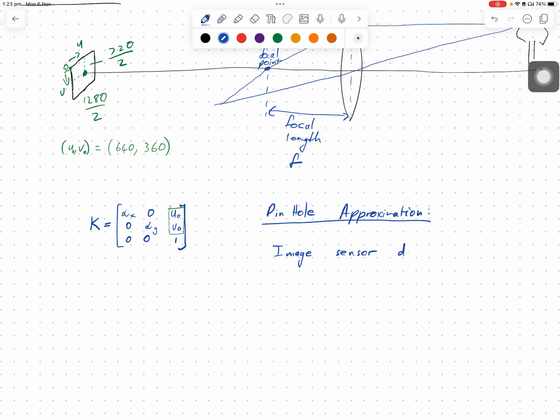So image sensor distance to lens is approximately equal to the focal length. Again, I don't have time here to justify why this is the case. This is something you can find by looking at pinhole approximation videos or whatever.